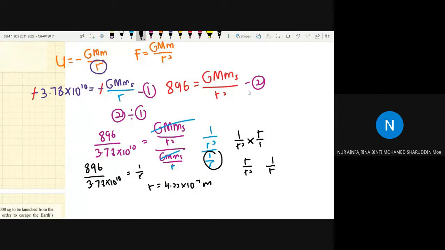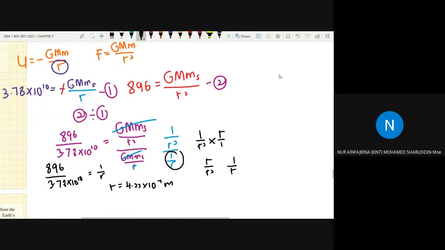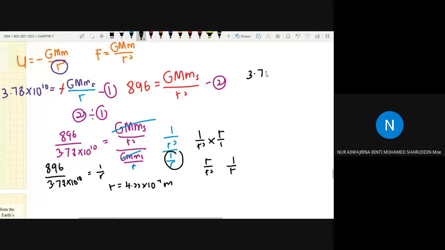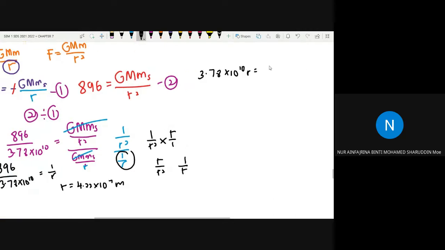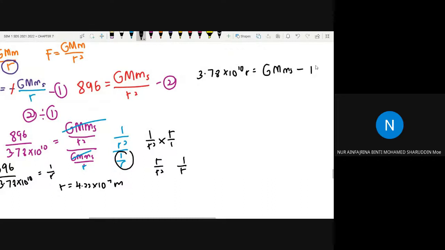Contohnya better way is awak boleh jadikan, Miss tunjuk sikit matematik, 3.78 times 10 to the power of 10 R equals to G M_E M_S. This is your first equation. And then 896 R squared equals to G M_E M_S. This is your second equation. Yang awak boleh buat 1 equals to 2. It's up to you sebab ini semua adalah matematik.